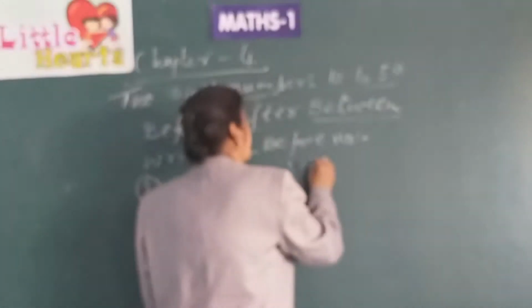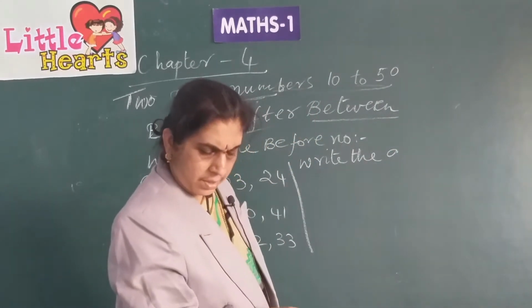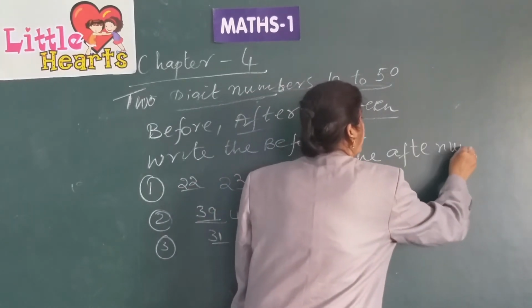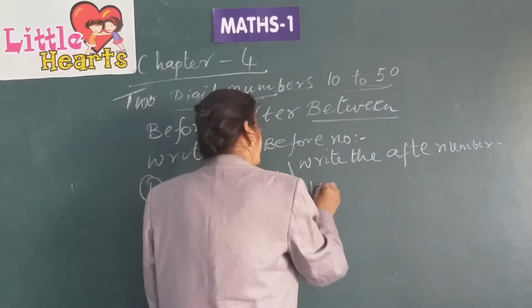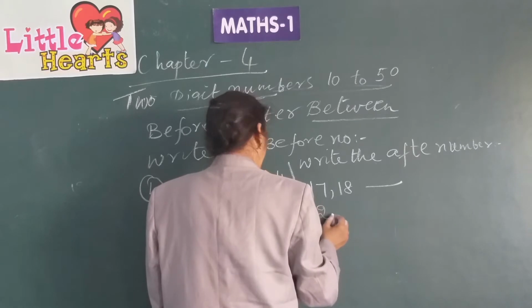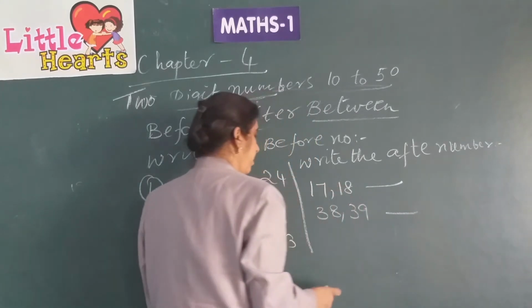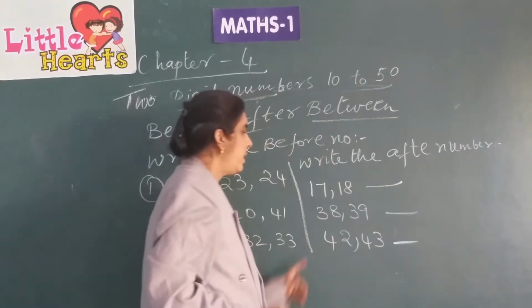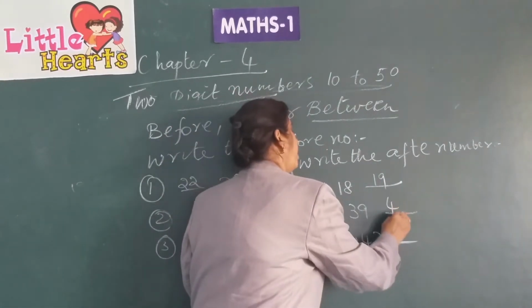And write the after number. After number. 17, 18, 19. 38, 39, 40.